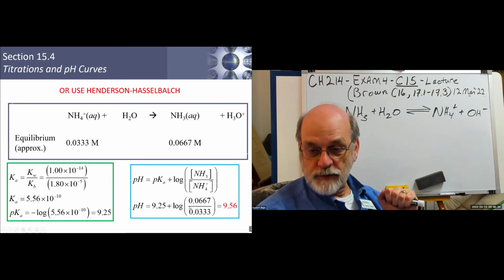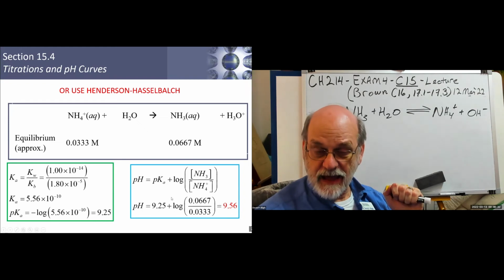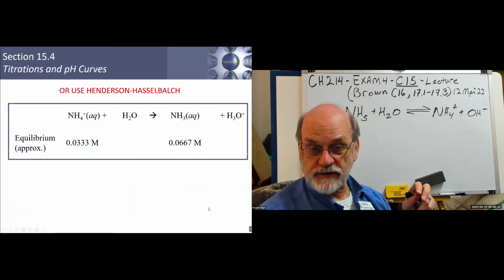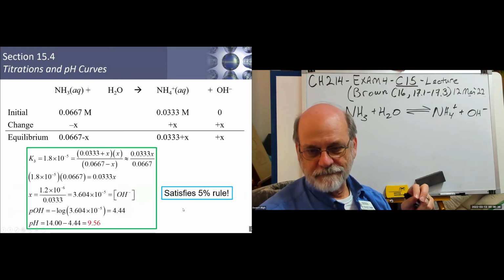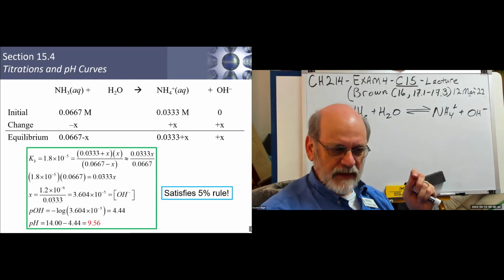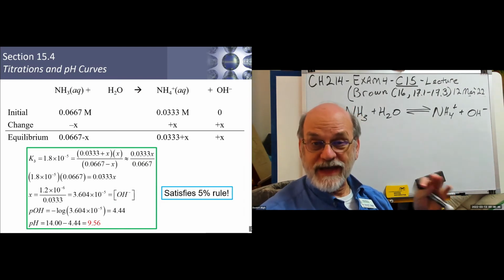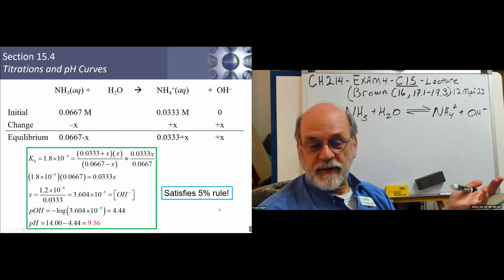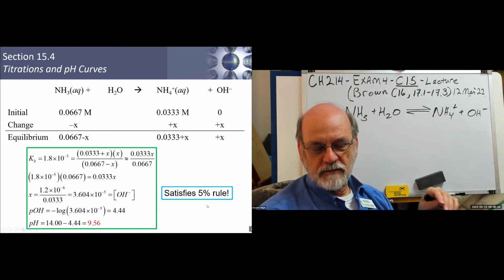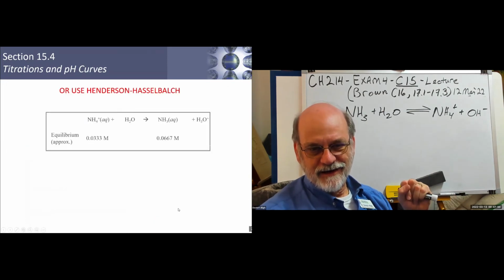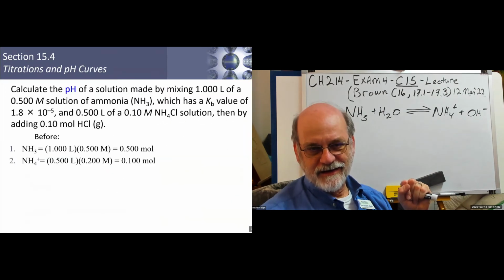Then we plug in those values, and we get 9.56, which is what we got with the previous exercise. So using Henderson-Hasselbalch is a no-brainer for weak acids in buffers. But for weak bases in buffers, it's a flip of the coin. Either way would be equally as tedious. Okay.